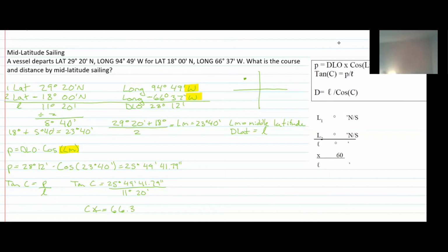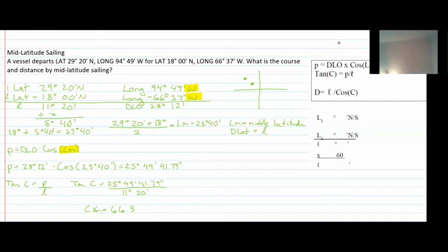And our longitude is 66 degrees, 37 minutes, which is less than 94 degrees, 49 minutes. So it will have to be closer to the prime meridian because it is less than the longitude of the first position. So I would put my dot right here.